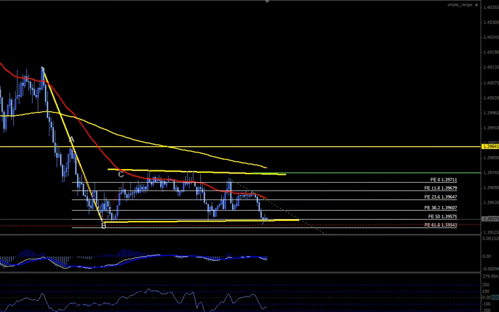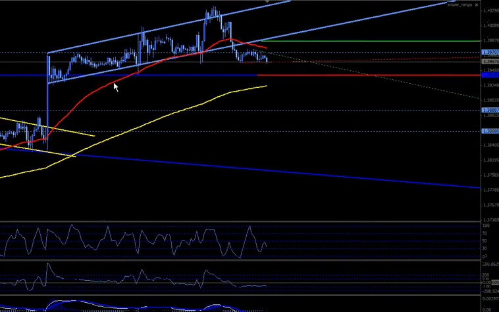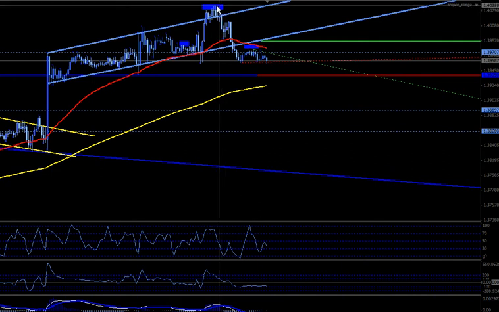And then also, if we want to take a look here at the 30-minute chart, we have a head and shoulders pattern to the downside. So it looks like we will have some downward, and the neckline's right about here. So we're sitting right on the neckline, and that target is about, once we get below this red dotted line here, about 79 pips south.